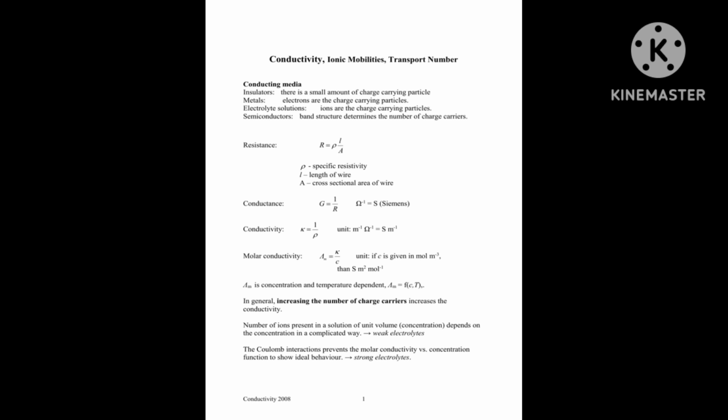Then you will get this relation only. That is, the cell constant is equal to conductivity into resistance. Okay, easy. You just have to arrange it. Cell constant is equal to conductivity into resistance, or conductivity is equal to cell constant divided by resistance. This is the formula.